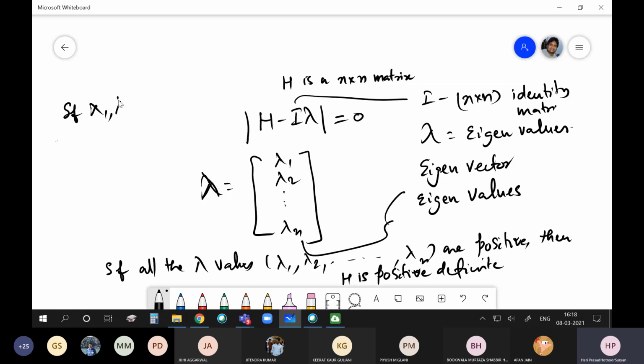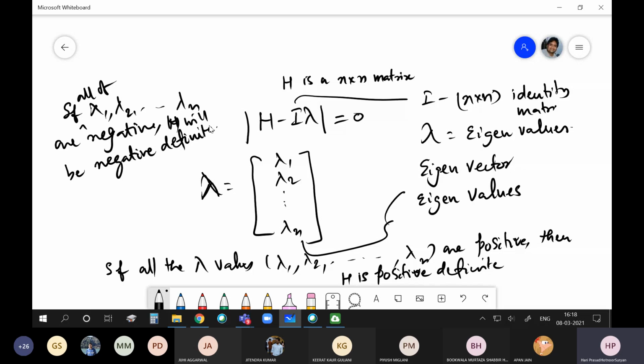If all of the lambda values are negative, then what will be the nature of H? H will be negative definite.